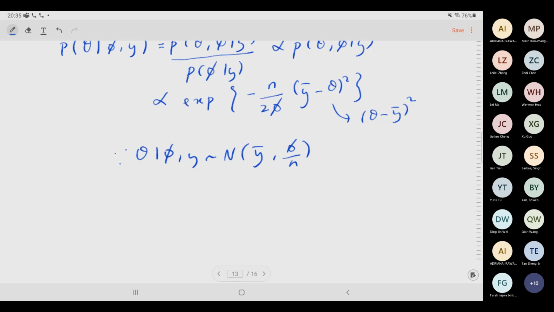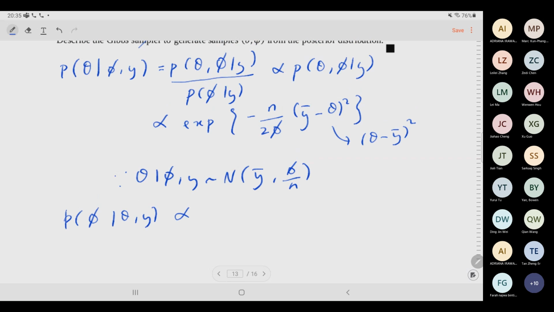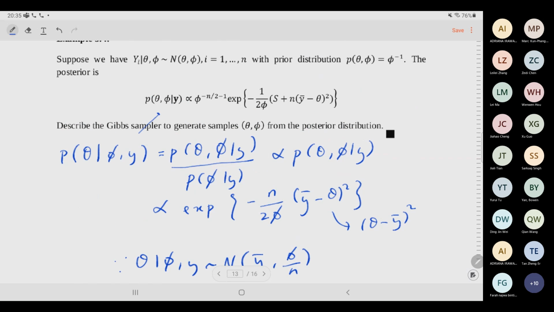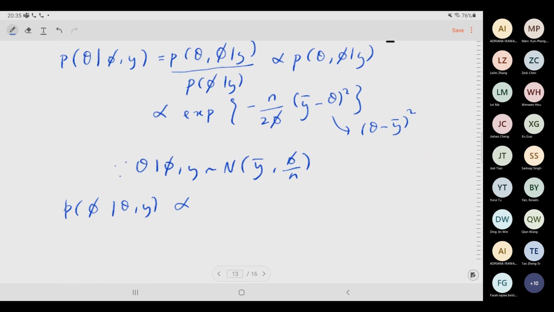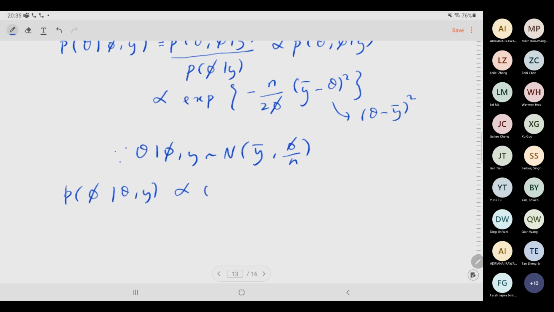Then you have phi given theta and y. If you look at the joint posterior, actually all of those have a phi. So phi is the whole thing.